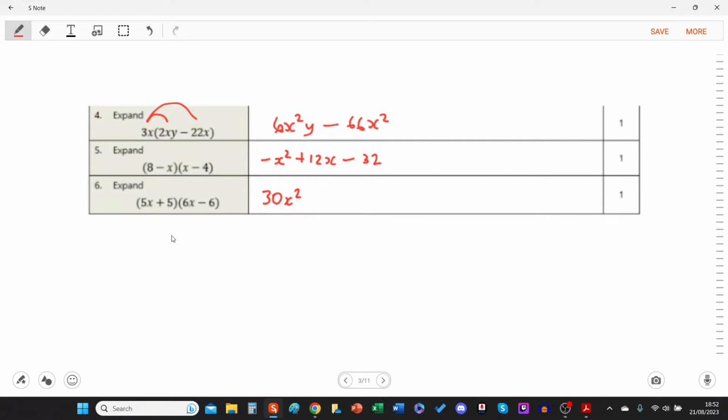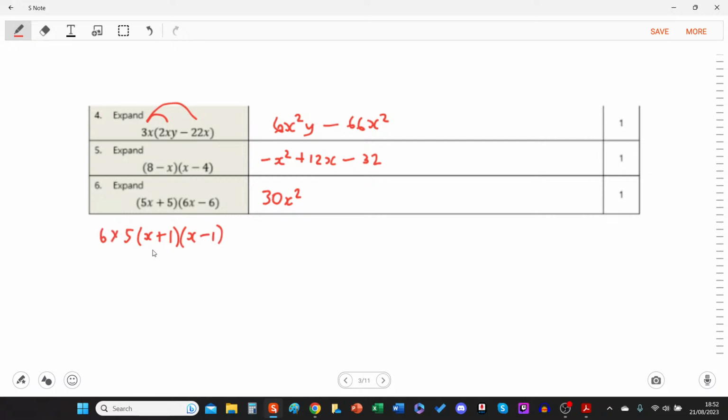So you can see here that it's very interesting, and I'll do it here. If you're looking for the trick, the 5 can come out because of this factor of 5 in the first bracket to leave us with x plus 1, and then the 6 can come out of the second bracket to leave us with x minus 1.